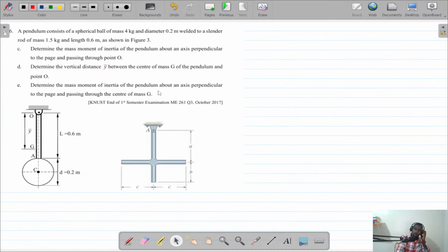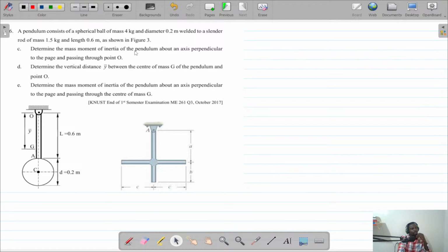Okay, so with this problem 6 is what we are looking at. Now they are saying the pendulum consists of a spherical ball of mass and diameter this, and it's welded to a slender rod of mass this and then this.